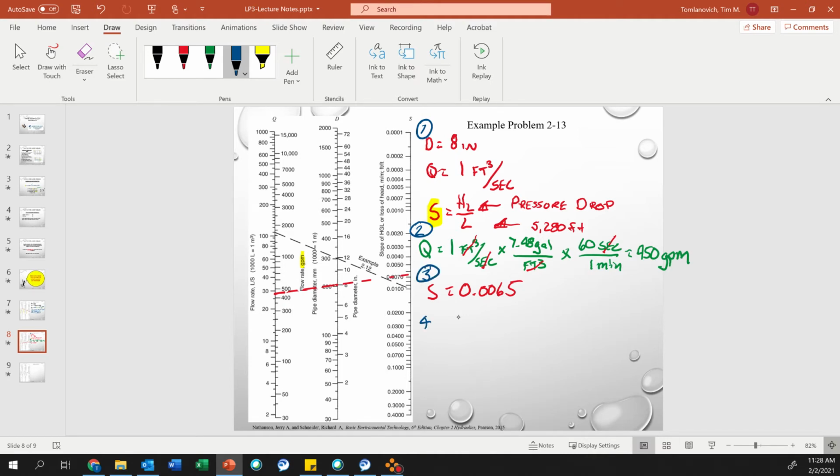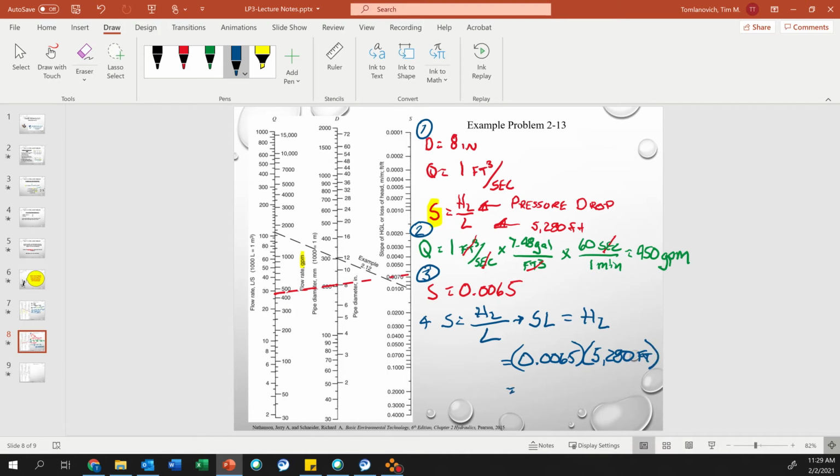Now step 4. We know S equals head loss over length. So slope of the hydraulic grade line times my length equals head loss. Our hydraulic grade line slope is 0.0065, and our length is 5,280 feet.